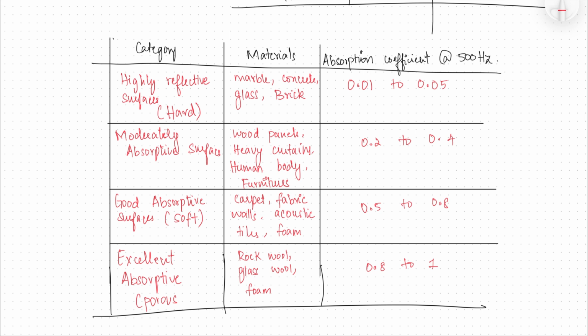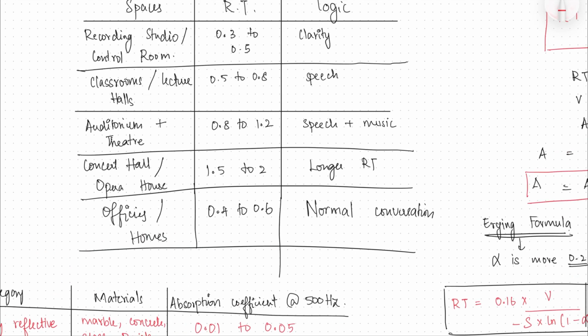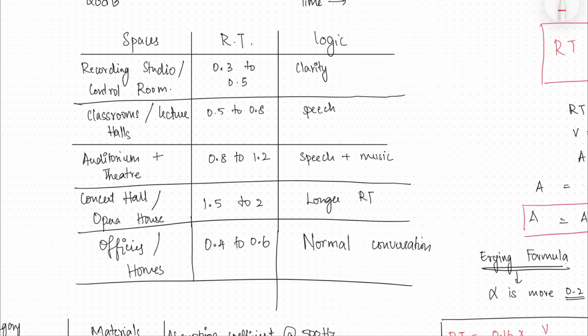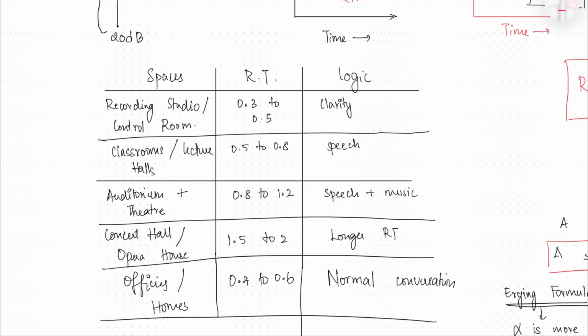Soft materials like carpet and fabric walls have good acoustical absorption, ranging from 0.5 to 0.8. And highly absorptive materials are porous in nature, like rock wool and glass wool, and they range from 0.8 to 1. And I also talked about the RT for different places. Okay, now let's move ahead.